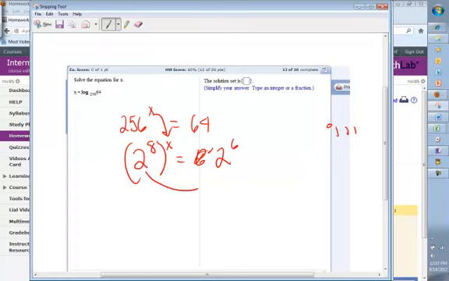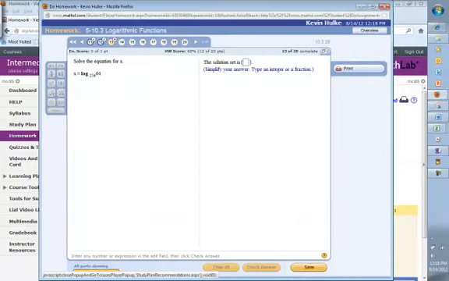Now that the bases are the same, we have 8x equals 6, x equals 6 over 8, which is 3/4. So our solution set is 3/4.